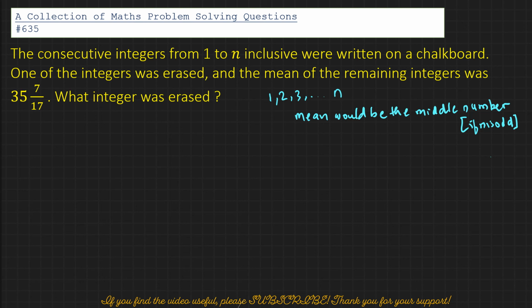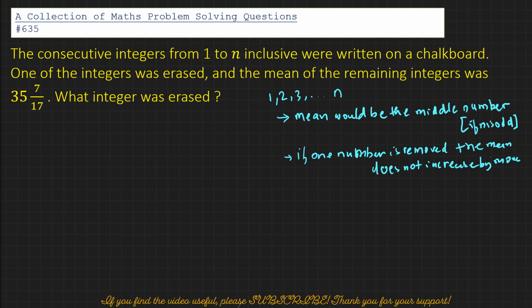The reason is, if there were n consecutive integers and one number is removed, the mean does not increase by more than 0.5, or half.